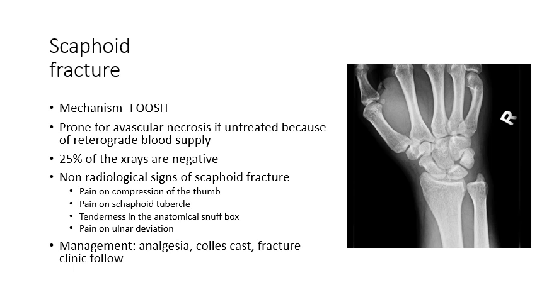Now next, let us go to scaphoid fracture. These are very subtle fractures because they are very difficult to identify. Usually the mechanism is fall on the outstretched hand and patient will come with complaints of pain over the scaphoid region.